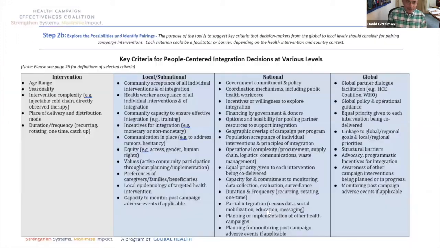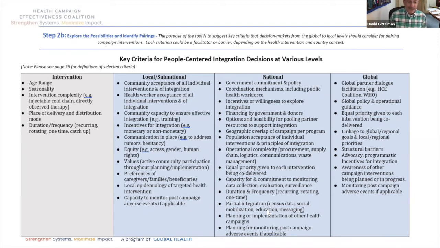Next slide. In order to help put together those facilitators and barriers, we looked at the data that we have at hand, and we compiled a list of potential key criteria for these integration decisions. Starting with those based on the intervention that are across all levels of the health delivery system, things to look at in terms of the age range of the health intervention, seasonality, where the services will be delivered and how it's going to be delivered.